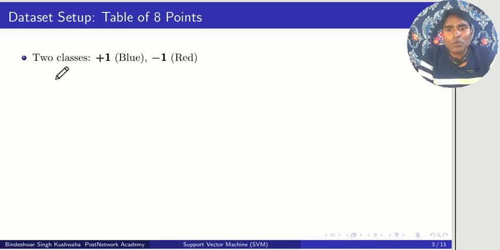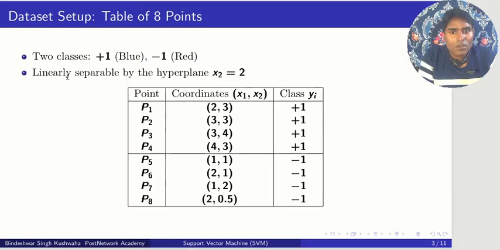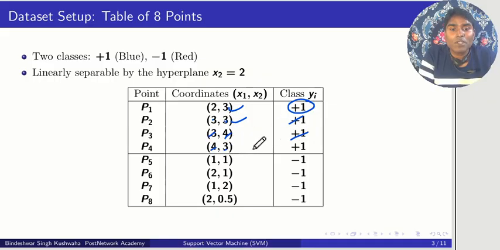So suppose there are two classes, +1 that is blue and -1 that is red, and here data points. See that here x1, x2 class is +1: 3 and 3, that means x1 is 3 and also x2 is 3. So class is +1. Also 3 and 4, class is +1, 4 and 3, class +1.